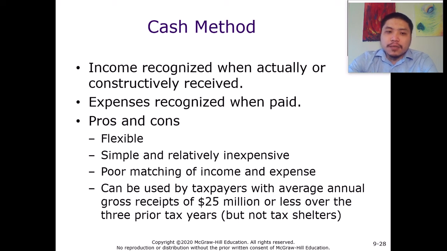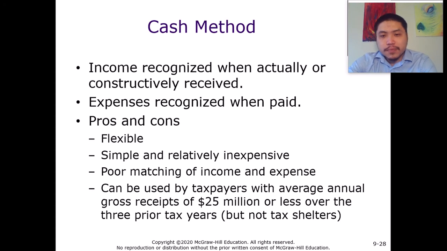But the disadvantage of the cash method is that, obviously, the matching between income and expenses cannot be that good. Under the cash method we recognize income whenever we receive the payment, or constructively receive the payment, meaning maybe we don't receive the payment yet, but someone already initiated the payment.